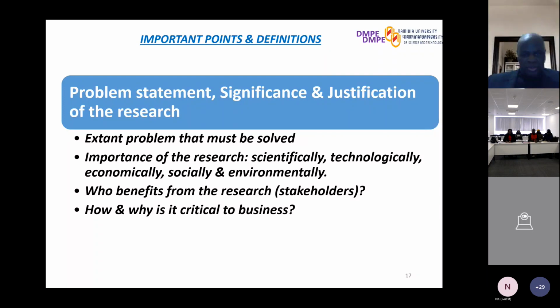The questions you need to answer includes who benefits from the research, who are the stakeholders, and if it's an industry or company or an organization problem, how and why is this research critical to the business of the organization? Then that would answer the significance and justification.